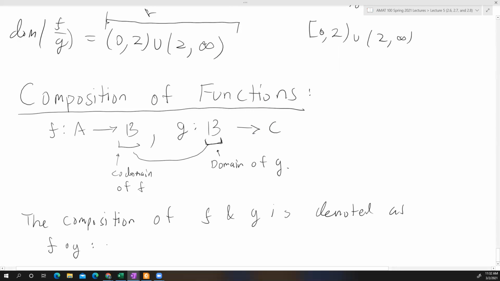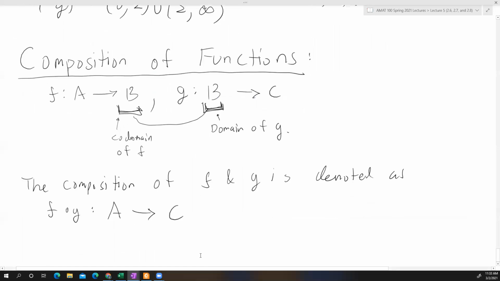The circle is read "compose." And it's a function which goes from A to C now. So it's like you're almost bypassing B. When you compose these functions, this B in some sense cancels this B. Not quite, but you can think about it in that way if you want.